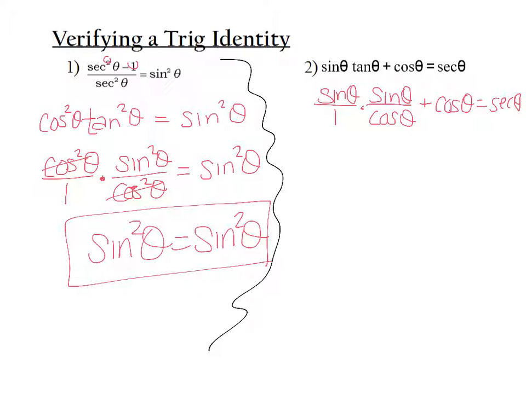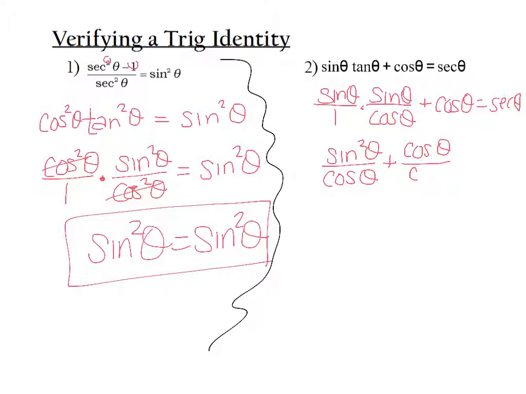I'm just going to call it sine squared theta over cosine theta plus, now I could write it as cosine theta over 1, but I know that I'm ultimately going to have to get a common denominator and add these two fractions together. The common denominator would be cosine theta.